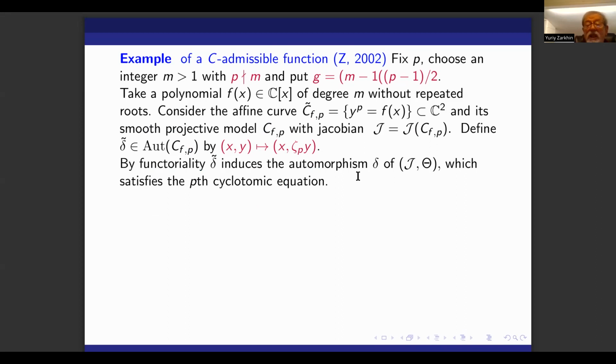Well, this result for p equals 2, I believe, was known, and for arbitrary p and arbitrary polynomials, not necessarily without repeated roots, I believe it has appeared in papers of Björn Poonen and Ed Schaefer, maybe in another paper of Schaefer, maybe in a paper of Stoll. Again, it is quite well known.